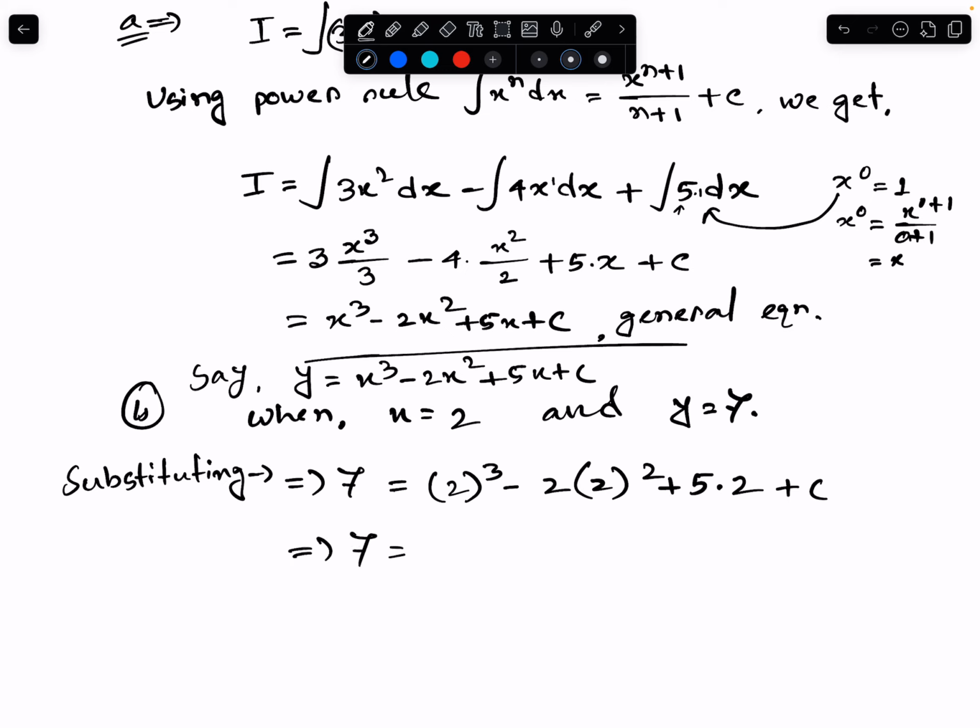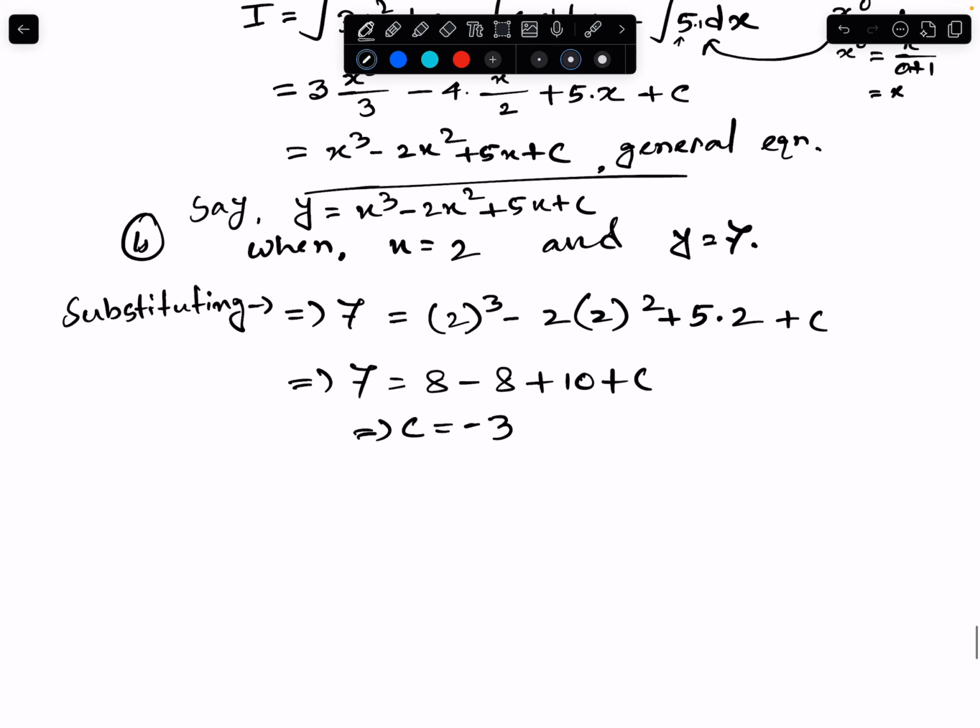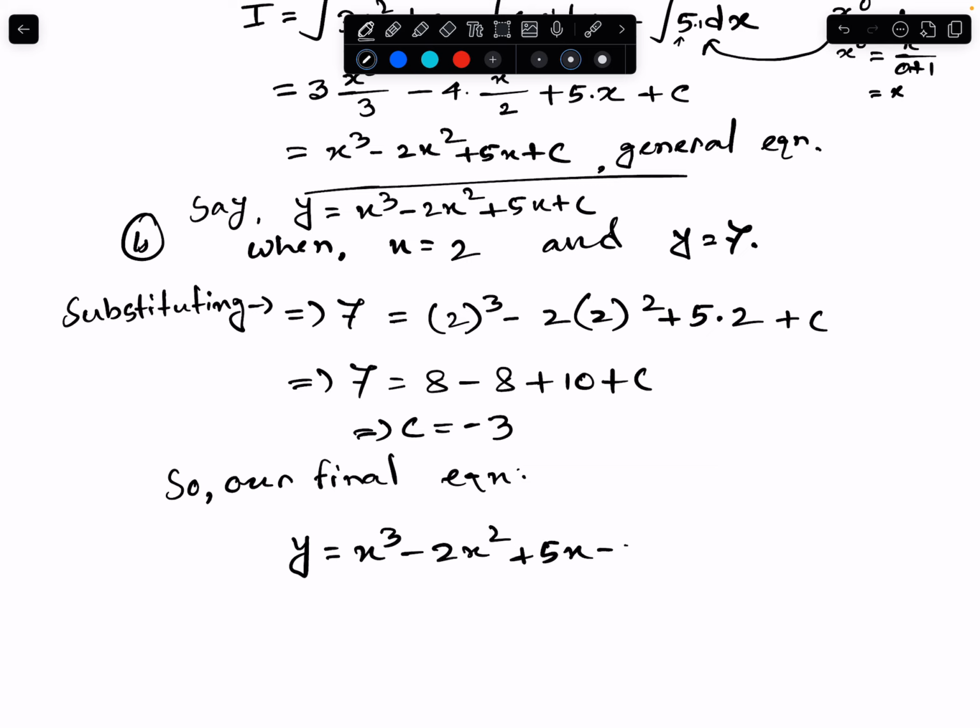So 7 equals 8 minus 8 plus 10 plus c. So c is equal to minus 3. And we can write our final equation: y is equal to x cubed minus 2x squared plus 5x minus 3. And this is the equation.